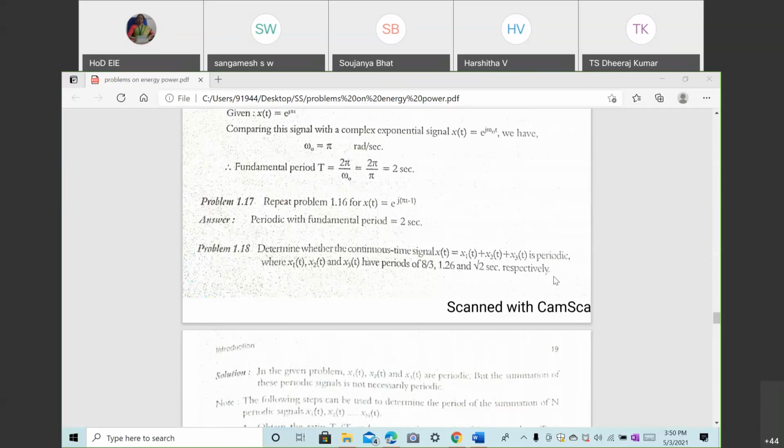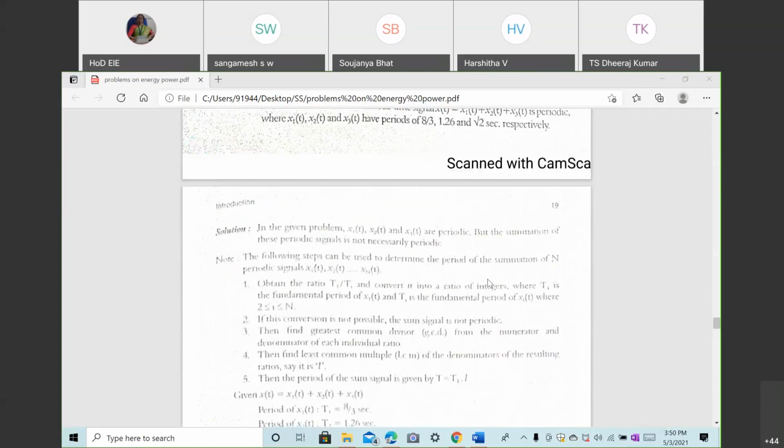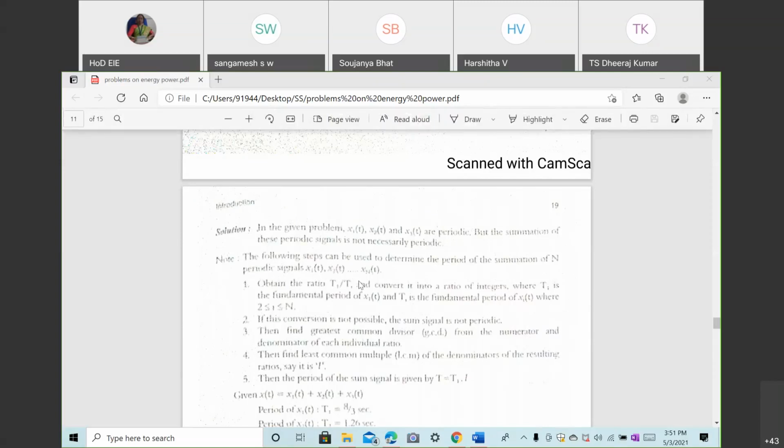They are having different periods, and for that they ask to check whether it is periodic or not periodic. In the given problem x1 of t, x2 of t and x3 of t are periodic, but the summation of these periodic signals is not necessarily periodic. Note the following steps can be used to determine the period of the summation of n periodic signals x1 of t, x2 of t up to xn of t.